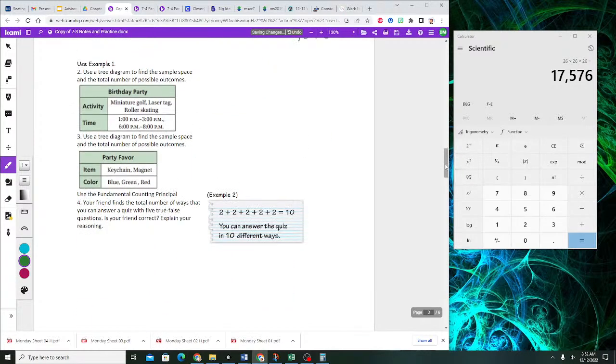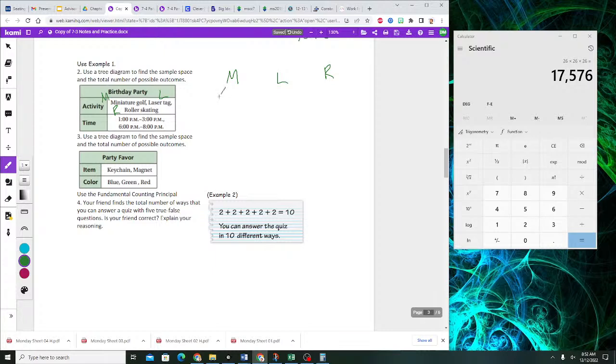All right, using a tree diagram to find the sample space and the total number of possible outcomes. Our sample space has mini golf, which I'll make an M, laser tag, an L, and roller skating, an R. So we've got M, L, and R, and we've got times, 1 to 3 and 6 to 8.